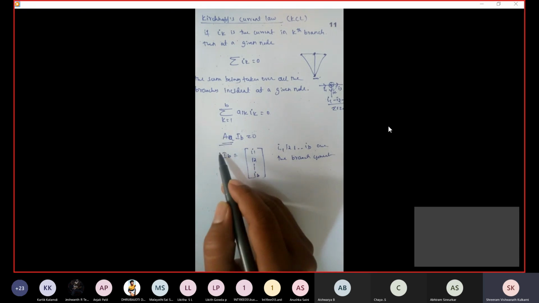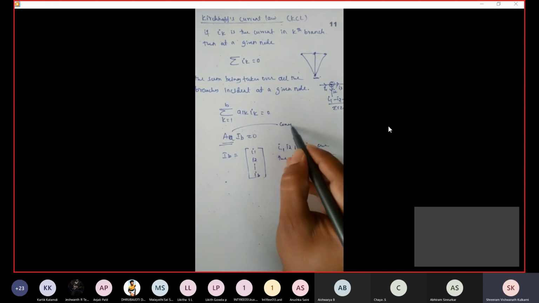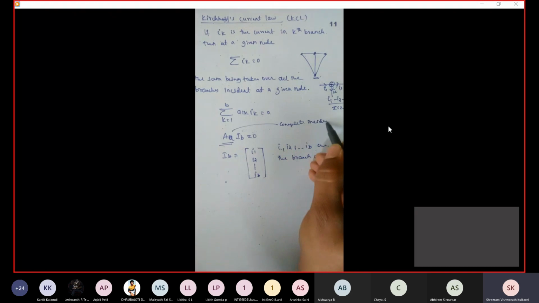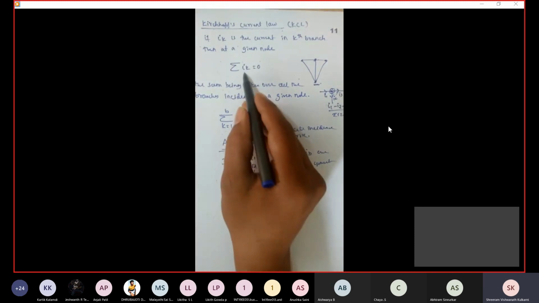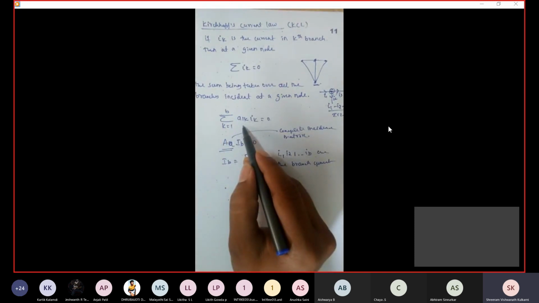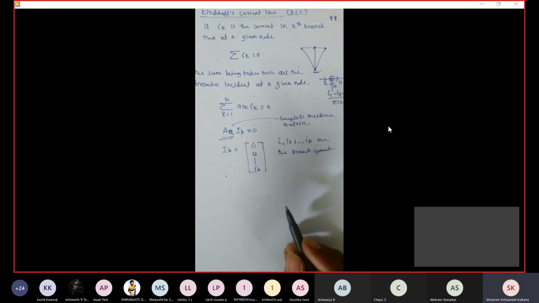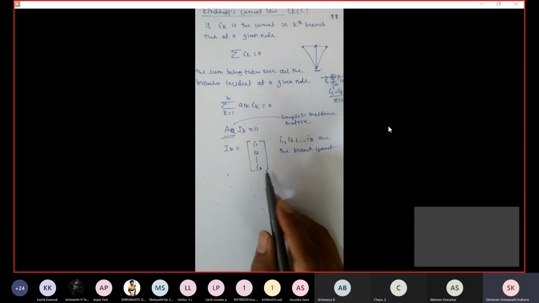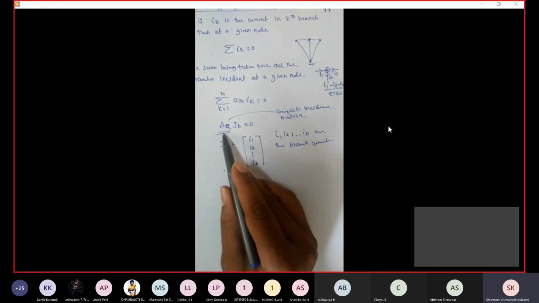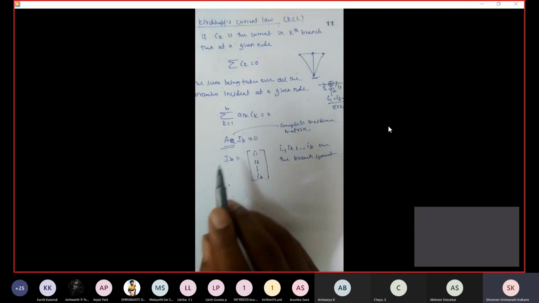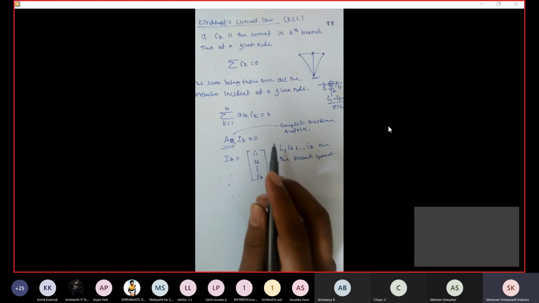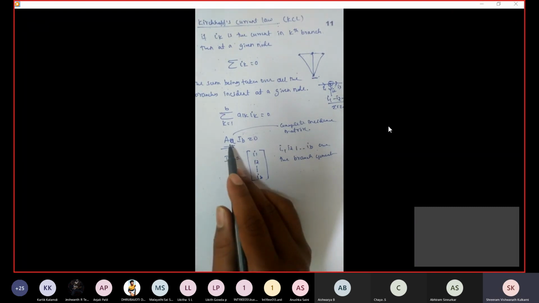A is the complete incidence matrix. I_k is the branch element. Now if one node is taken as a reference, this is the complete incidence matrix. For the incidence matrix, we eliminate one row from A_a.